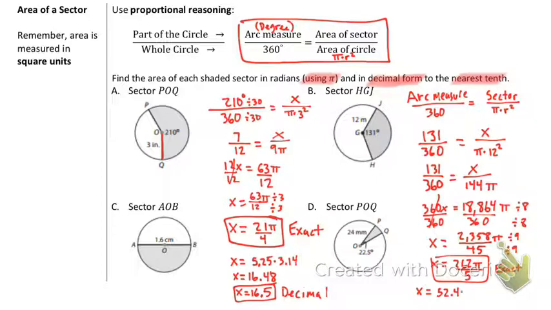And remember, we're going to use 3.14 for pi now because we want decimal form. So multiply that out, and we get x equals 164.5 if we round correctly. Okay, that's my decimal form.